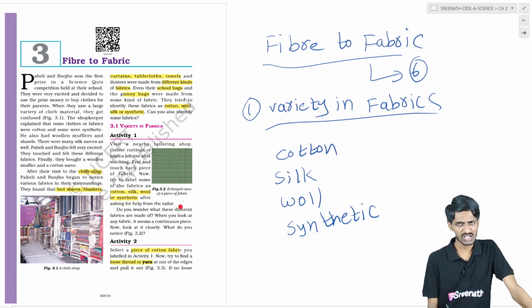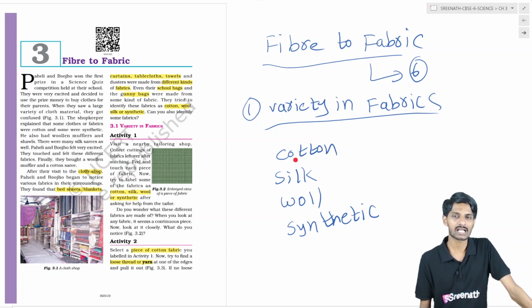So how are these fabrics made? If you see, fabrics are like a continuous structure, not thread-like structures. You will see that fabrics are like a continuous plane, like a sheet.